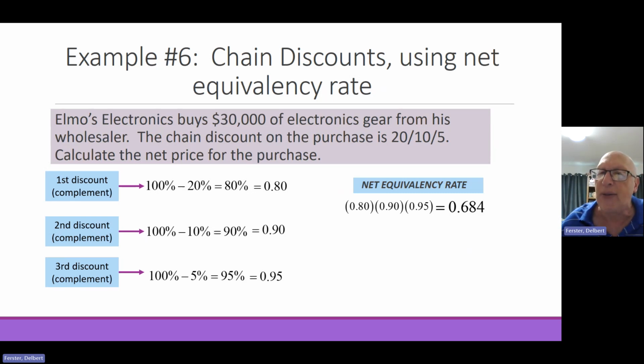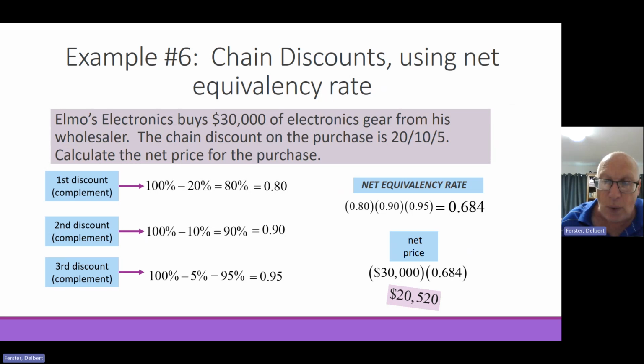So if you were going to say, I want to know what my net price is for this particular chain, we can now use that 0.684 and find our net price in a one-shot deal by taking the $30,000 list price and simply multiplying by 0.684, and you guessed it, that gets us our net price. So we would be netting out at $20,520 if we were able to take that chain discount at 20, 10, and 5.